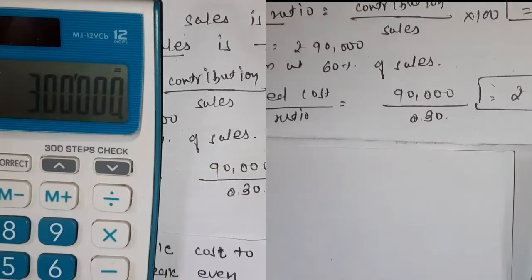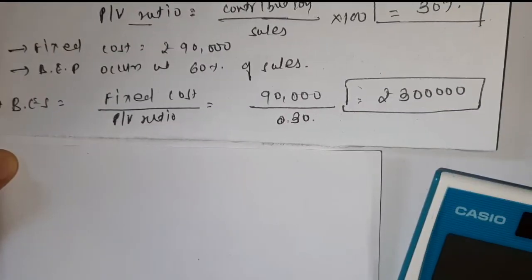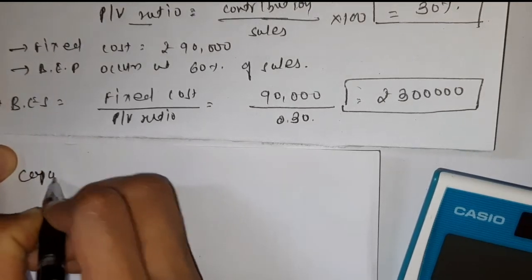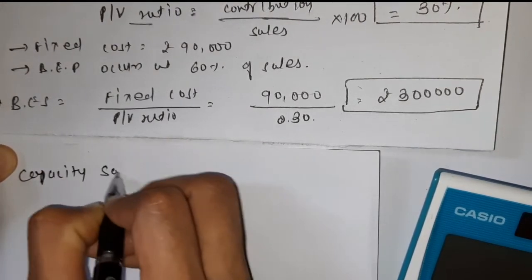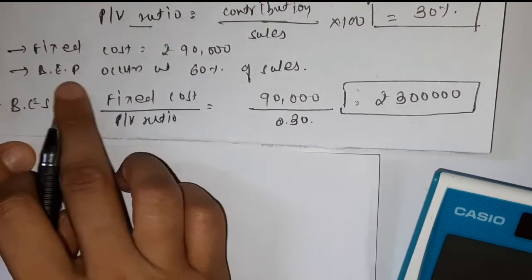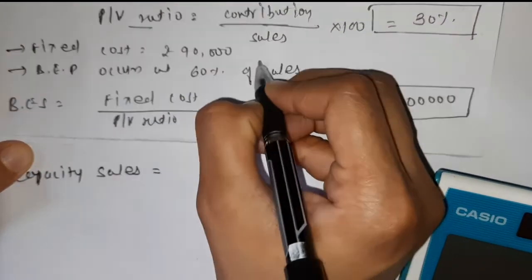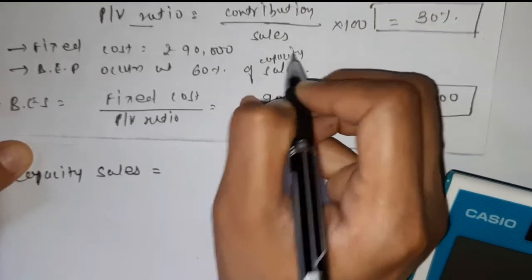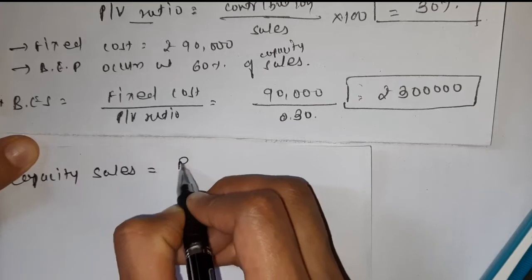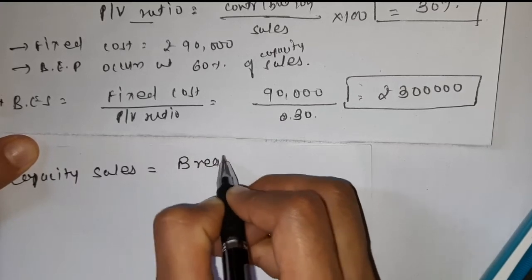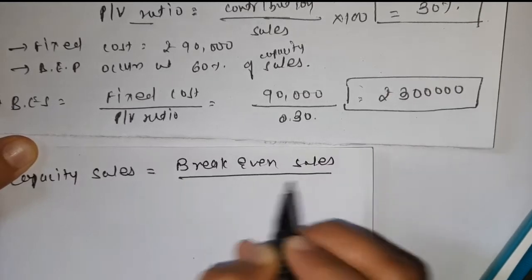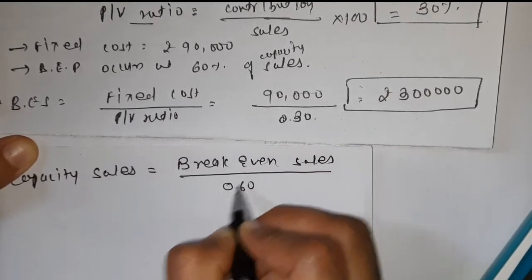Okay. The question is asked to find the capacity level sales. So we find the capacity sales. It is given that BEP occurs at 60% of capacity sales. Okay. So what we do? BEP sales, break-even sales divided by 60%.